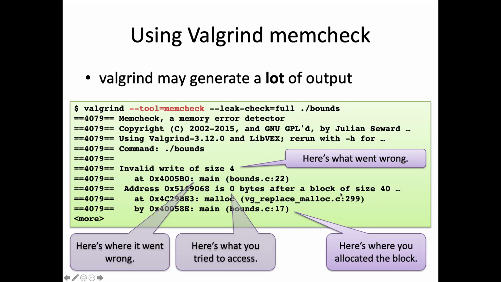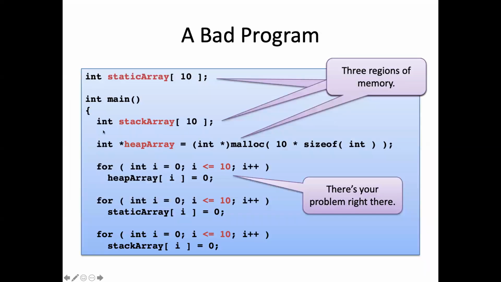Since this is a dynamically allocated block of memory, there has to be a place where I allocated it. And this line right here, line 17 of main, backing up one more time, that's this line right here where I actually malloced the block that I wrote past the end of.